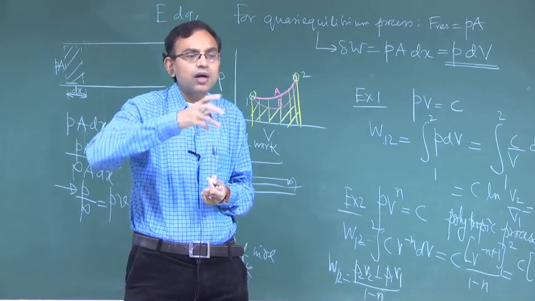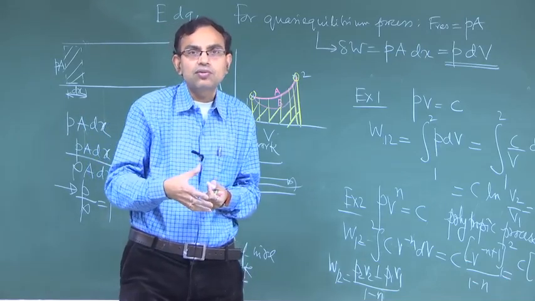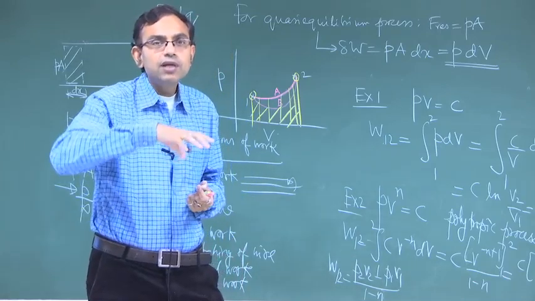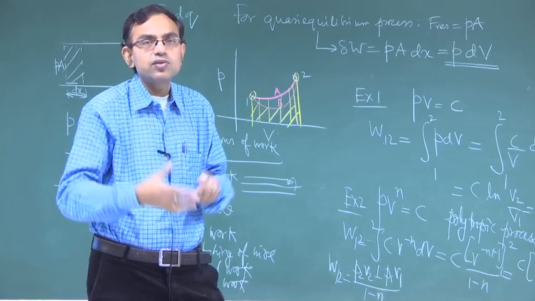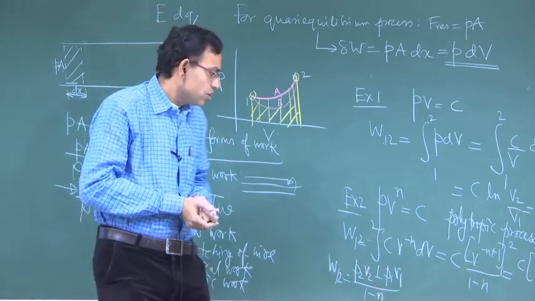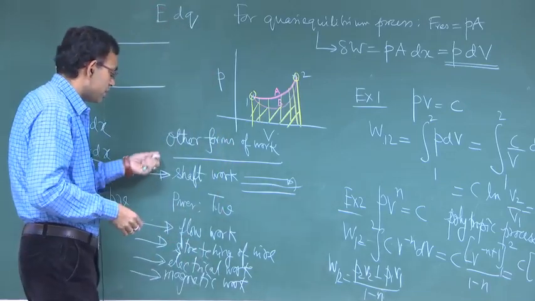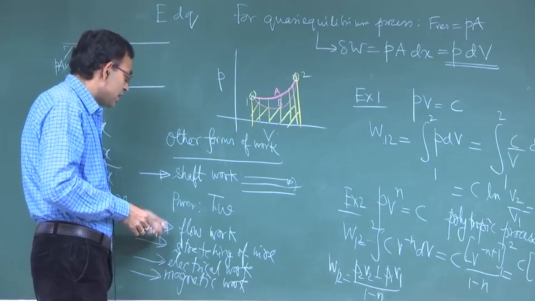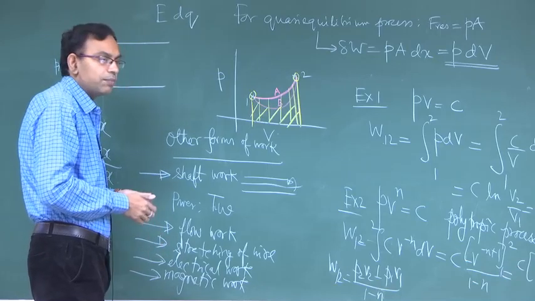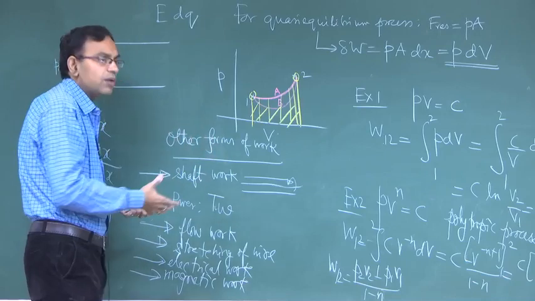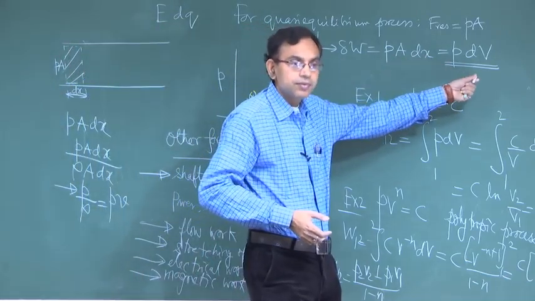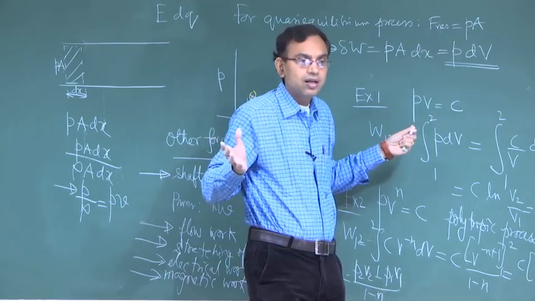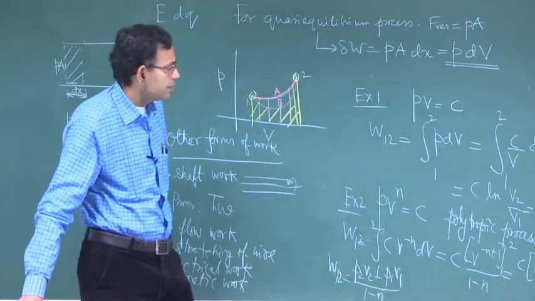The orientation of ions in a paramagnetic salt can be reorganized by applying a magnetic field, and therefore it is associated with some work. So, all these forms of work, shaft work, flow work, stretching of a wire, electrical work, magnetic work, are different forms of work which are beyond what is captured by PdV. So, PdV is not all, that you have to keep in mind.